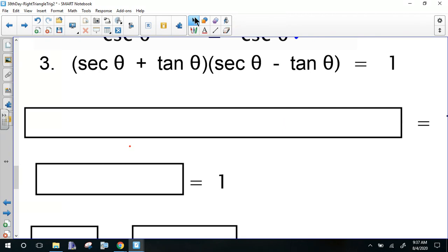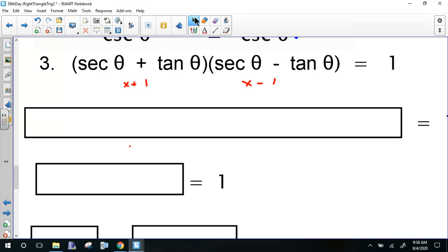Next one, we have secant theta plus tangent theta times secant theta minus tangent theta equals 1. Well, this is like having x plus 1 times x minus 1. You can look at it that way.